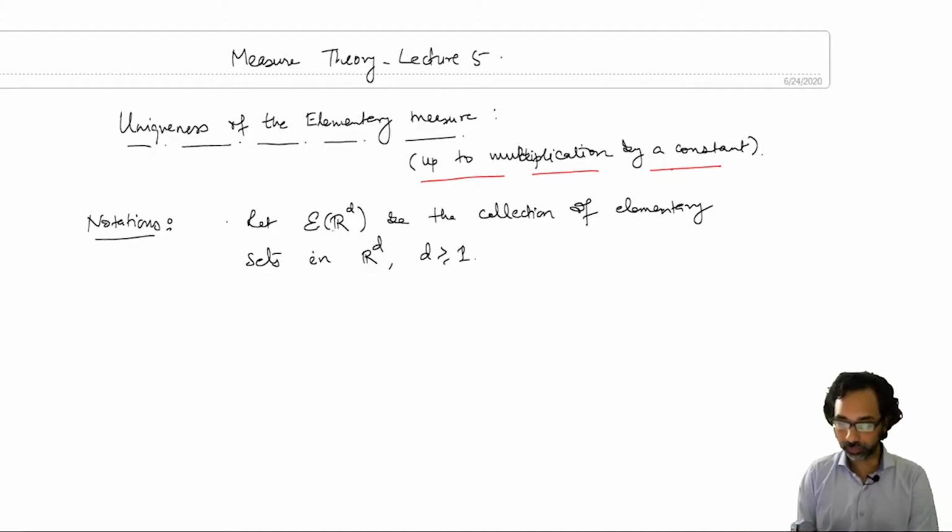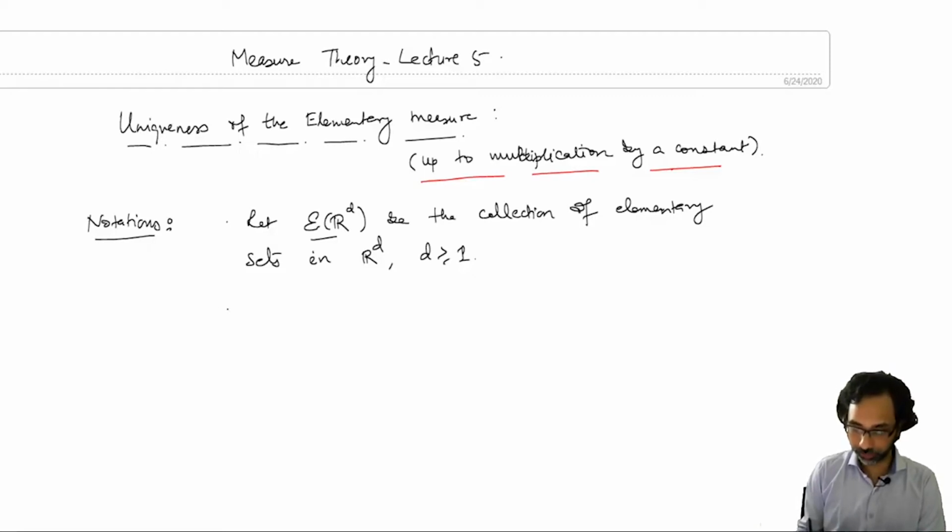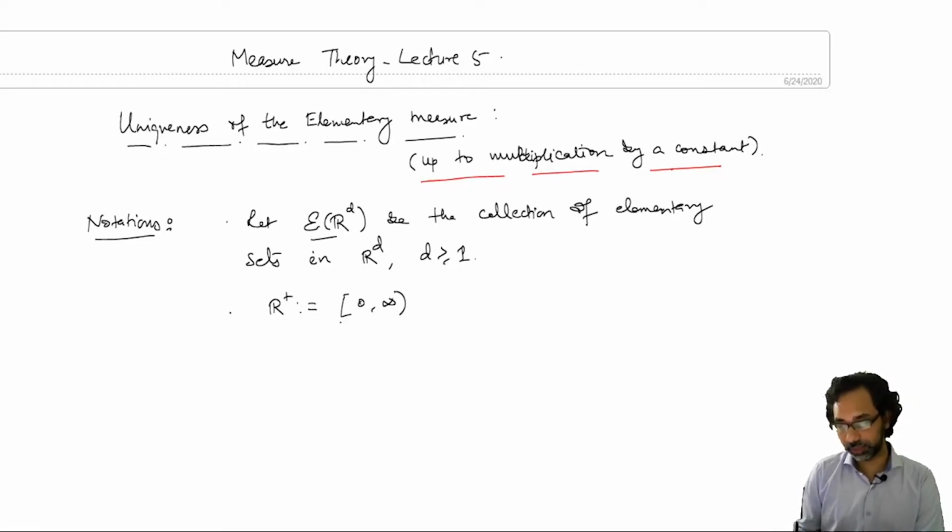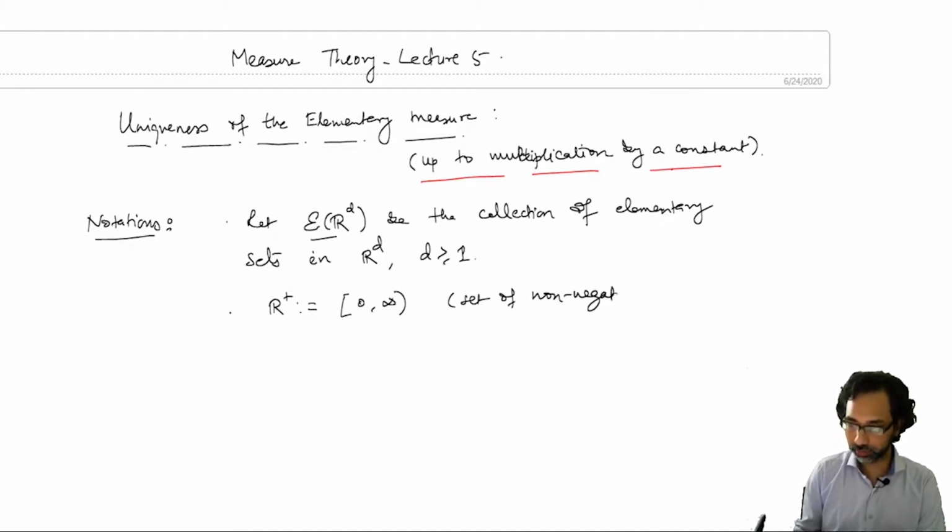So our calligraphic E of Rd is the collection of elementary subsets in Rd, and secondly I will denote R plus to be this semi-axis from 0 to infinity. This is the set of non-negative real numbers.